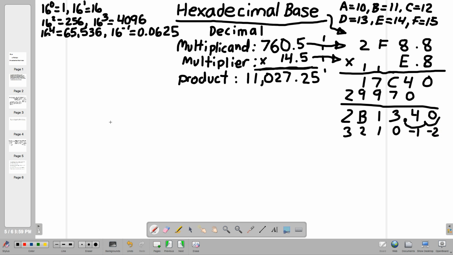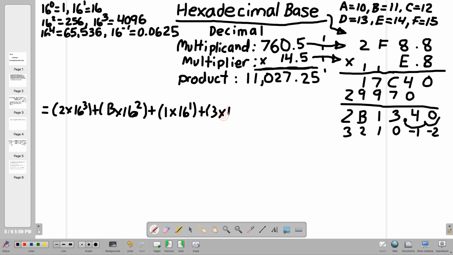So we have 2 times 16 to the third power, plus B times 16 to the second power, plus 1 times 16 to the first power, plus 3 times 16 to the 0 power, plus 4 times 16 to the -1 power.